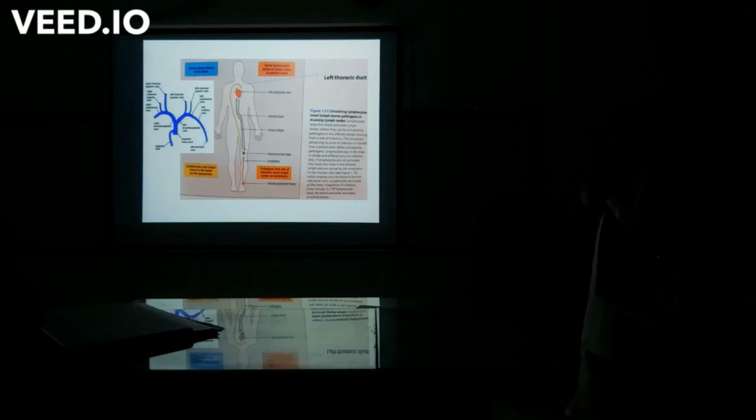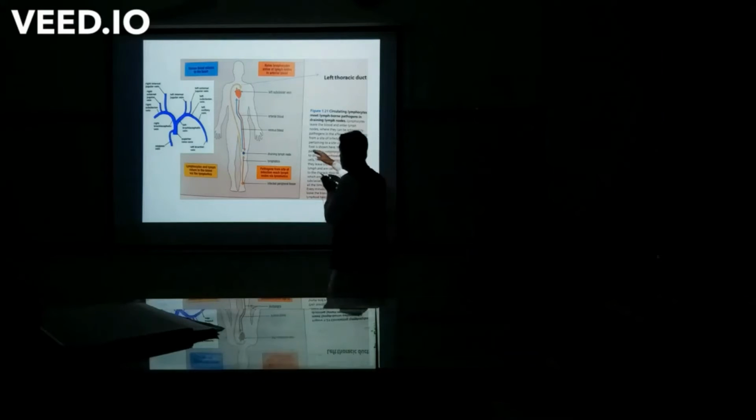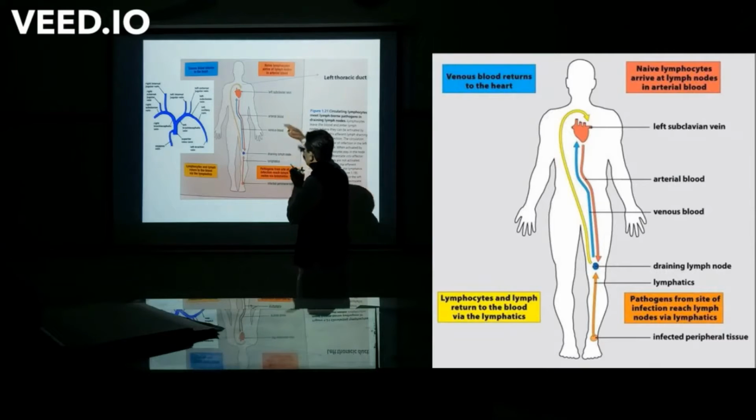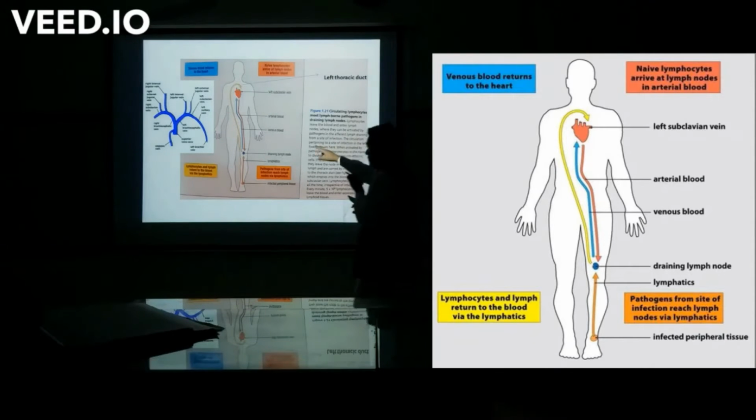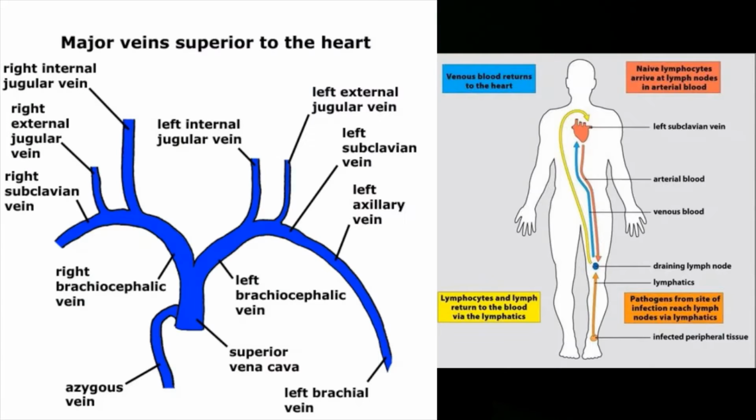Most of the lymph which comes out of the blood vessels runs back into the blood at a particular entry, which is called the left subclavian vein. There is a left subclavian vein and there is a right subclavian vein, as you see here in this blue image. The subclavian vein is going to drain the deoxygenated blood from the upper part of your body into the jugular vein.